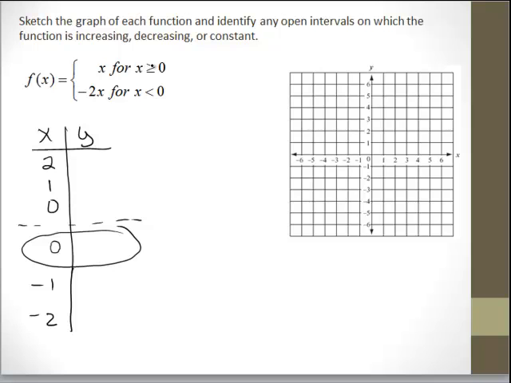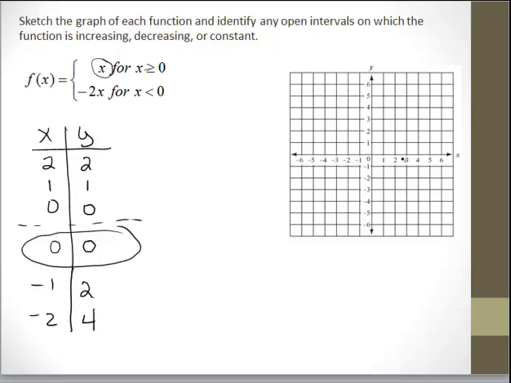So if we plug in 2, that's here. It says whatever x is, that's what y is. So 2, 1, 0. And then for the next part, if this could be 0, you say -2 times 0 and you get 0. -2 times -1 would be +2. And -2 times -2 is +4.